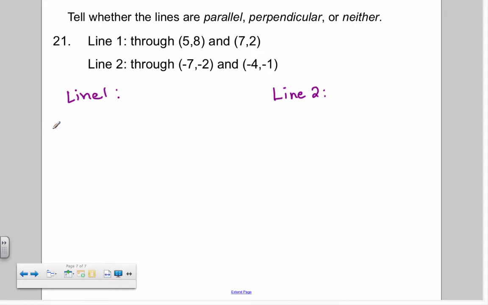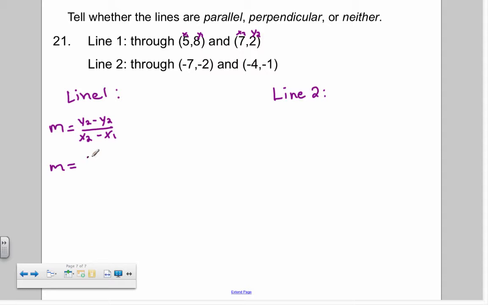So for line 1, again, I'm going to use my slope formula. m equals y2 minus y1 over x2 minus x1. And if I label these, I have x1, y1, x2, and y2. So let's plug it in for our slope in line 1.